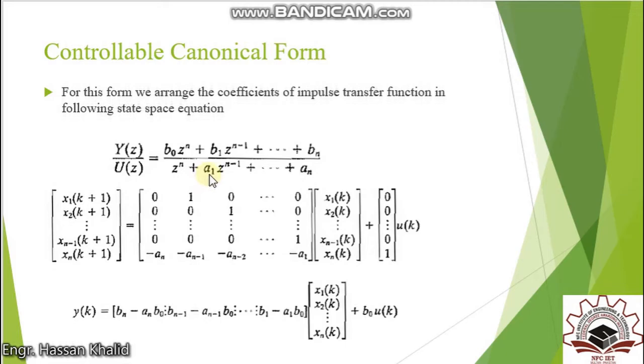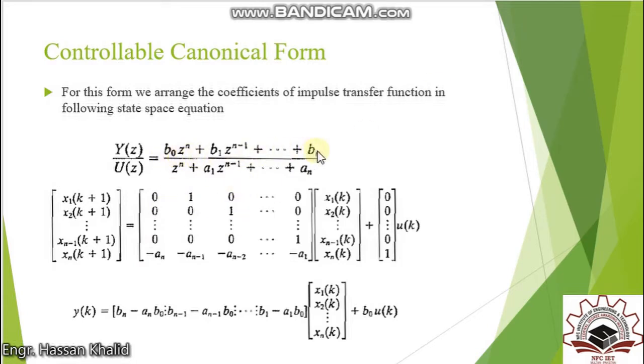If it is starting from a1, a2 and till an, we will be arranging those values in the negative, in reverse order, from minus an up to minus a1, which are the coefficients of the characteristic equation.